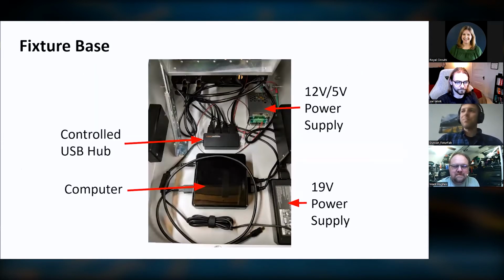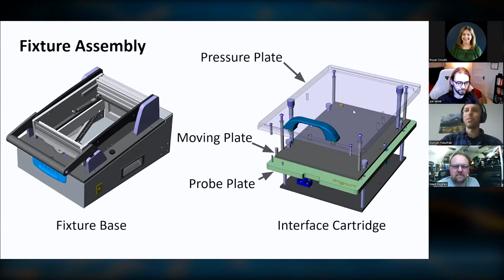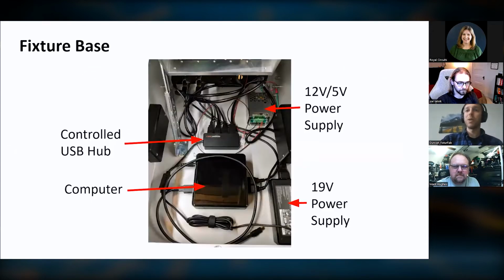Definitely. One of the other things we like to do with our production fixtures is build self-contained units. With these larger test fixture bases, we'll integrate all of the test equipment inside of it. This will typically consist of a computer, and we love using Intel NUCs just because they're reliable and we've had great luck with them.